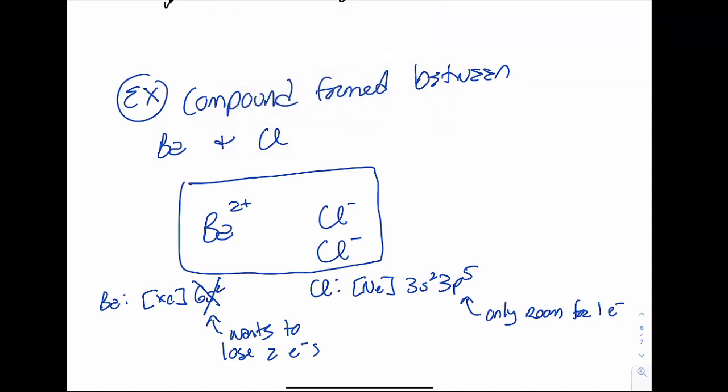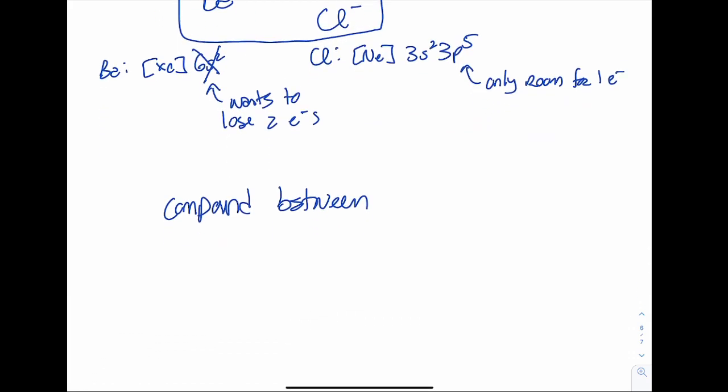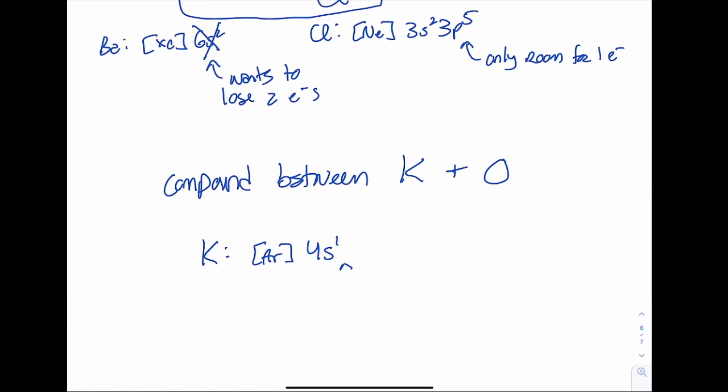If I wanted to form a compound between potassium and oxygen, so potassium, and I'm just using the shortcut again, I would have argon and then 4s1, so 1 valence shell electron, right?